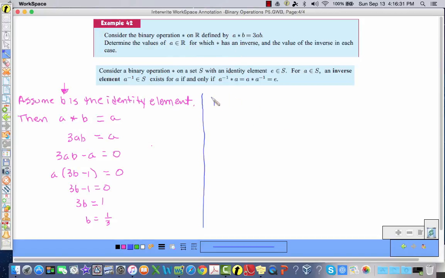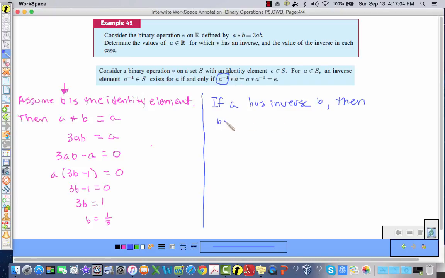If A has inverse B, then, instead of A negative 1, just to make it easier to work with algebraically, I'm going to use B. So I'm going to replace A negative 1 with B here.